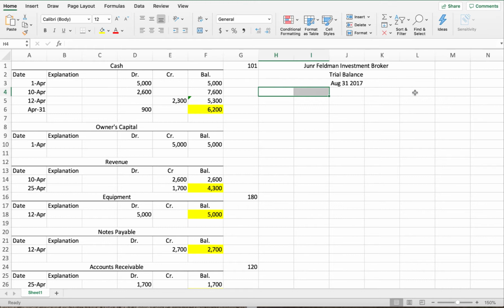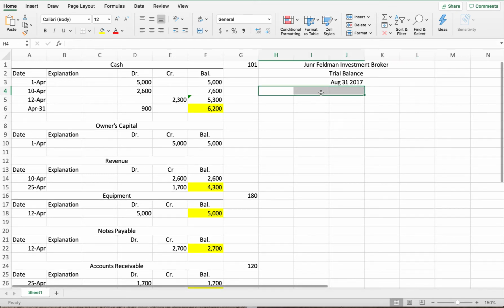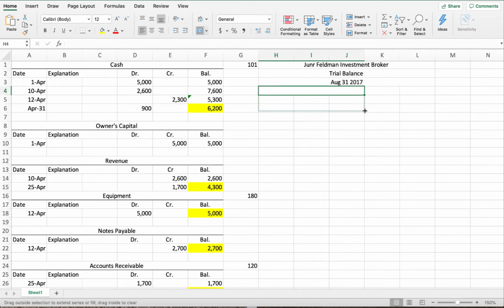So, again, I want this to kind of look neat, so I'm going to go ahead and merge and center these H, I, and J columns within row 4. I'm going to say merge and center, left align, and I want to format all these cells below here the same way. So I'm just going to get my little crosshairs, click, and drag. And I just pulled it down an arbitrary amount, okay?